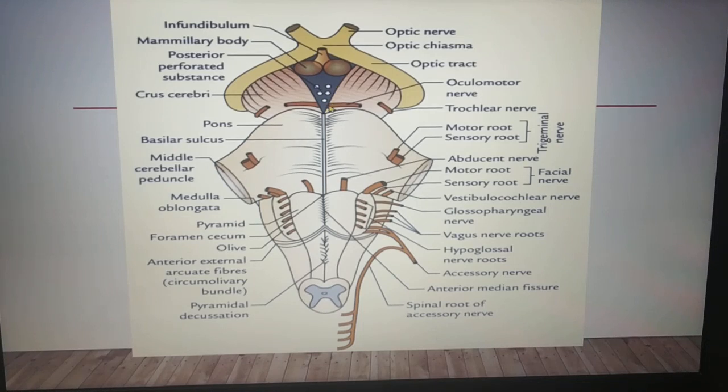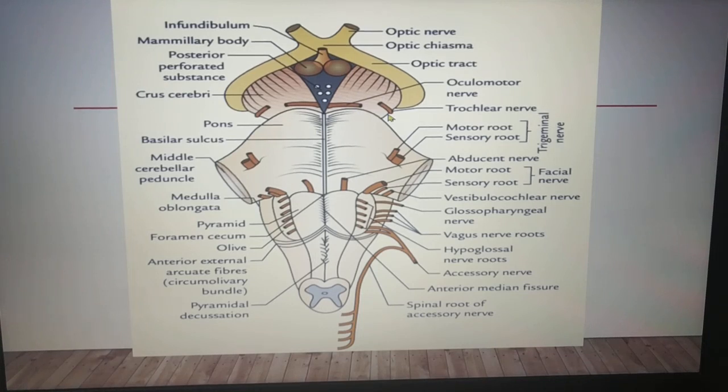At this level the oculomotor nerve emerges. The trochlear nerve emerges at the dorsal aspect of the midbrain and winds around the crus cerebri and reaches the ventral aspect. Altogether on the ventral aspect we will be seeing the crus cerebri, four structures crossing through it, and then the cranial nerves, the third and the fourth.